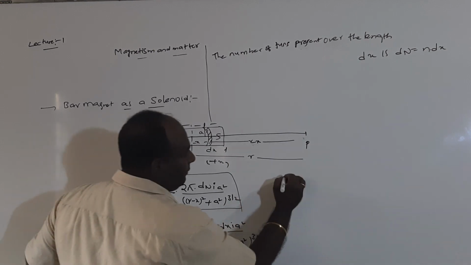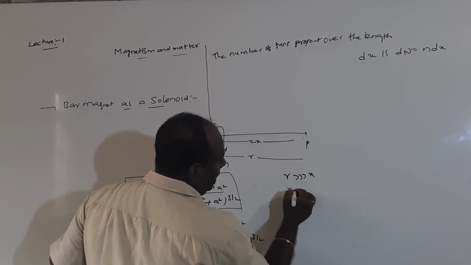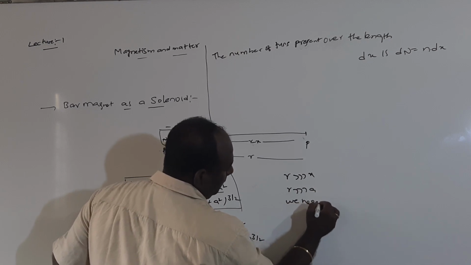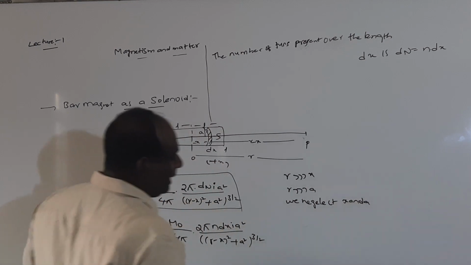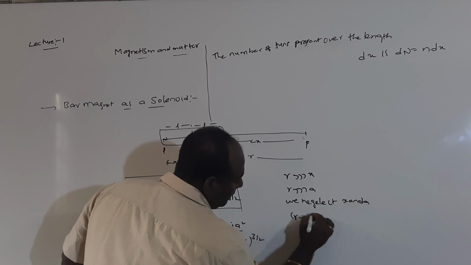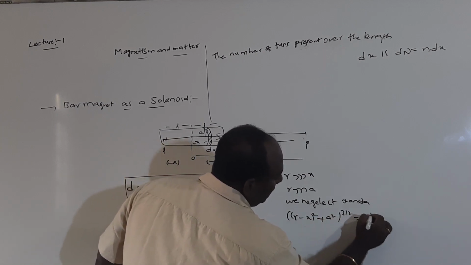I already mentioned, if R is far greater than x and R far greater than A, we neglect x and A. If you neglect x and A, what will you get in the denominator? The total term R minus x whole square plus A square, whole power 3 by 2, we can write directly as R cube.